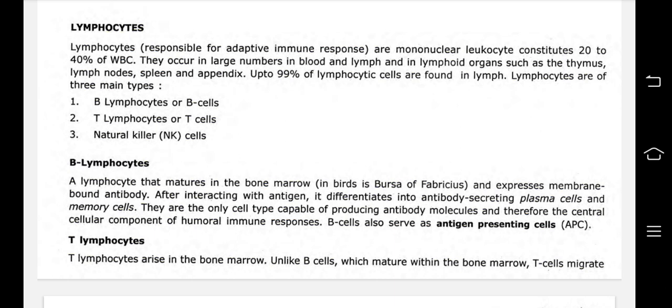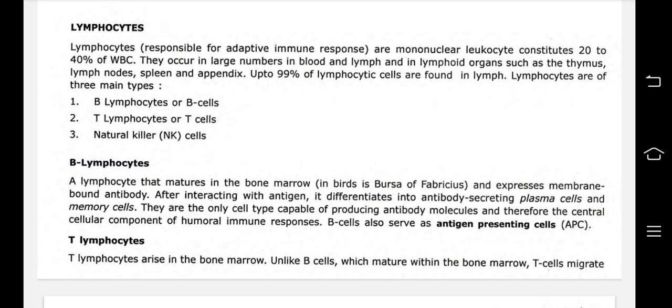If you learned about the internal structures of Columba livia, that means the domestic pigeon, you might have learned about the Bursa of Fabricius. That portion in birds in general acts as a maturation site for B lymphocytes.